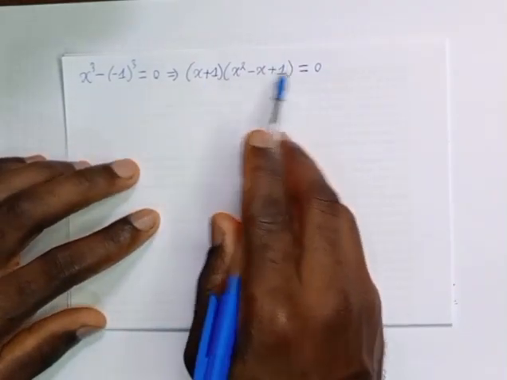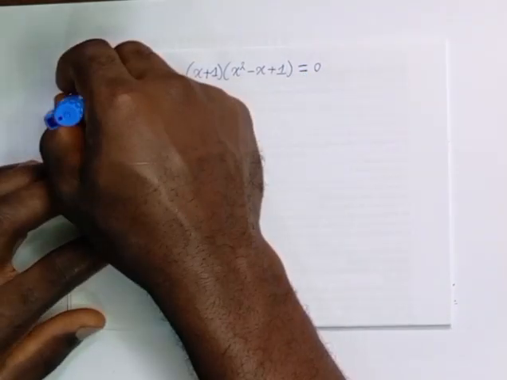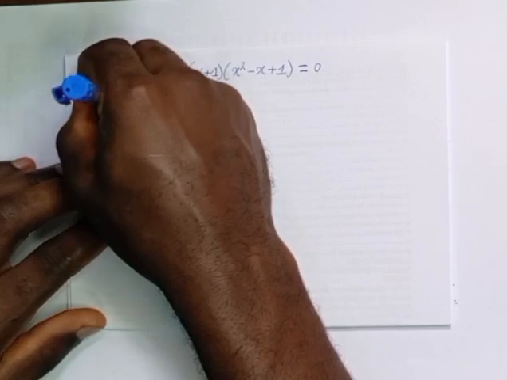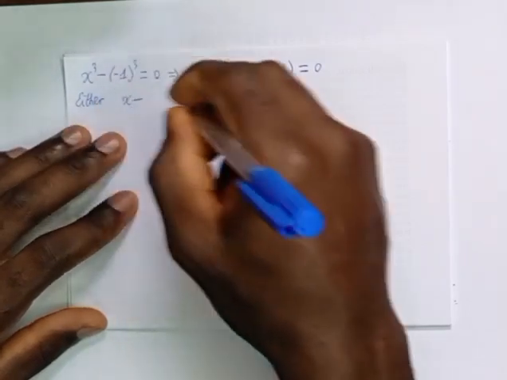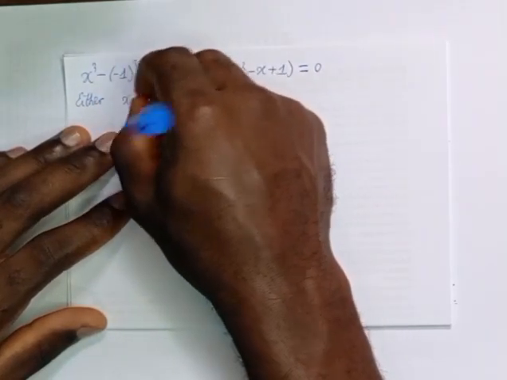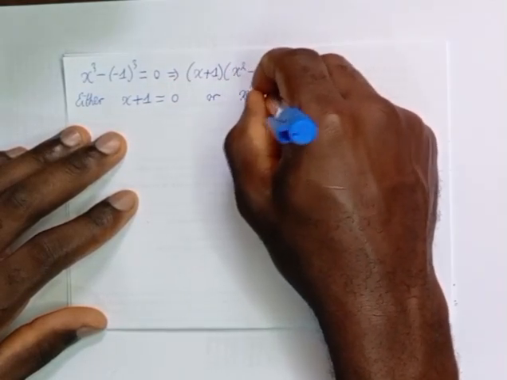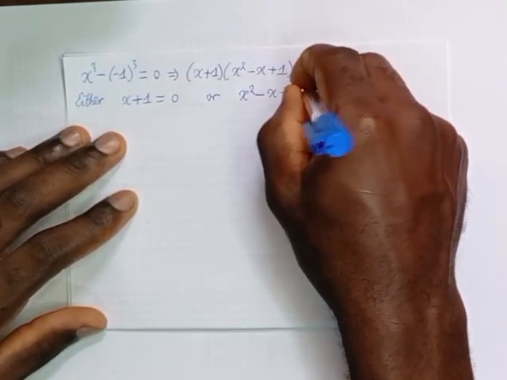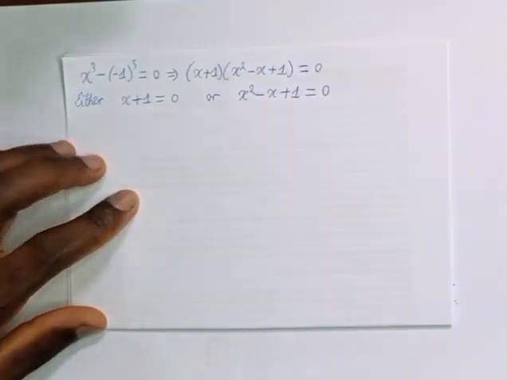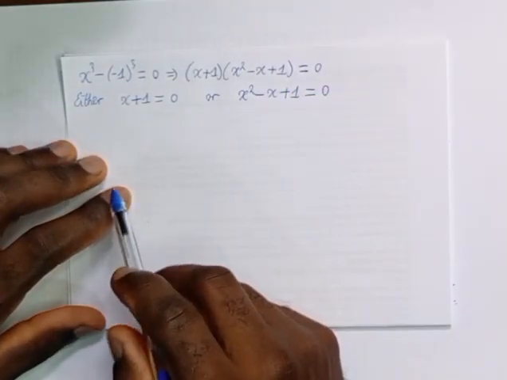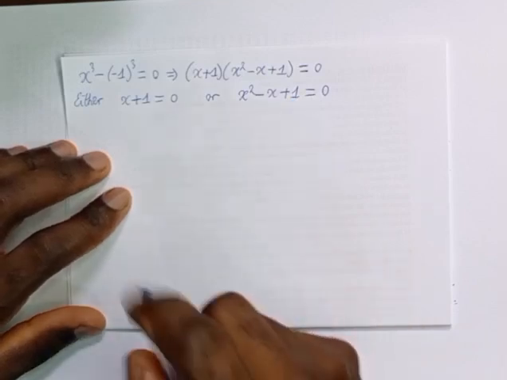For this product to be equal to 0, either x plus 1 is equal to 0 or x squared minus x plus 1 is equal to 0. We are to solve for x in these two equations.